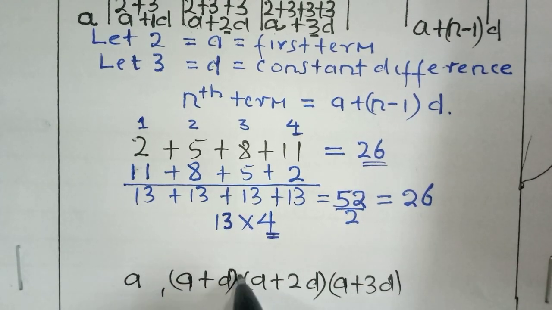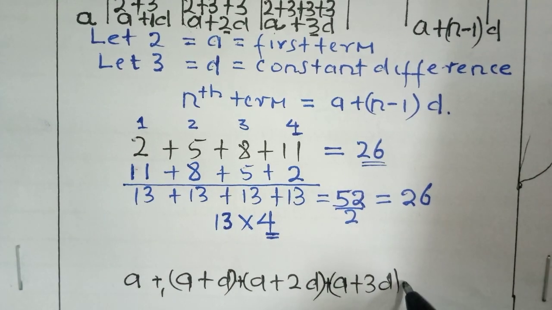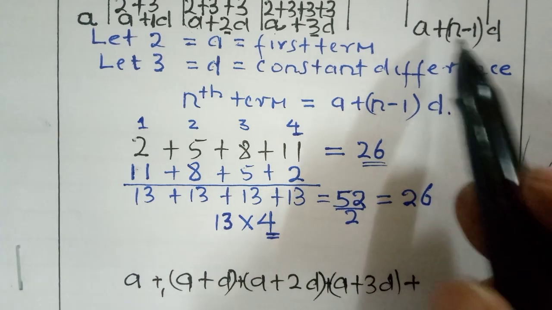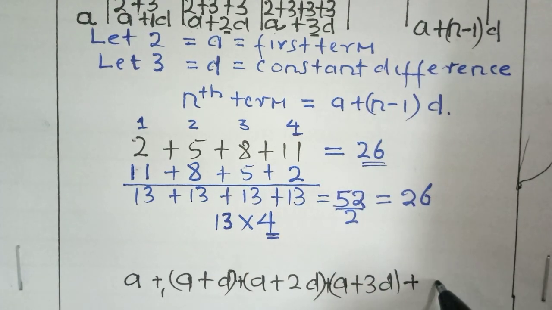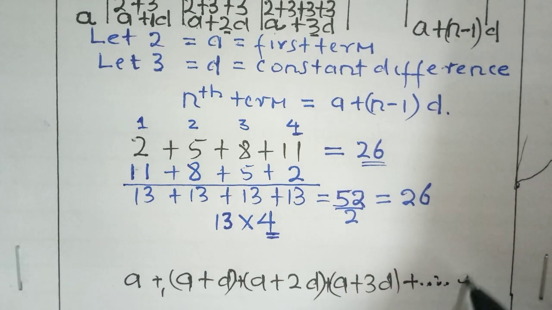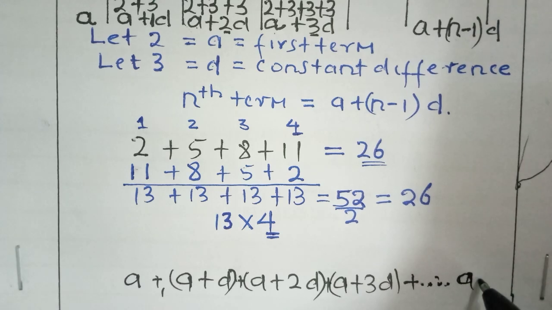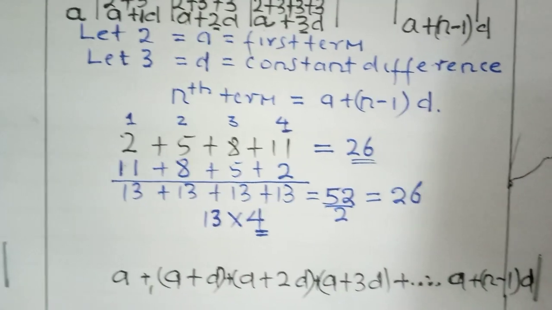Remember, we are supposed to add them like that. And here we have the final one, and now this one we can put some dots there, until we come to a plus n minus 1 d, like that.